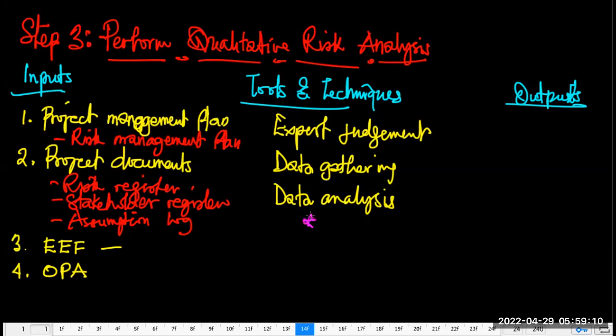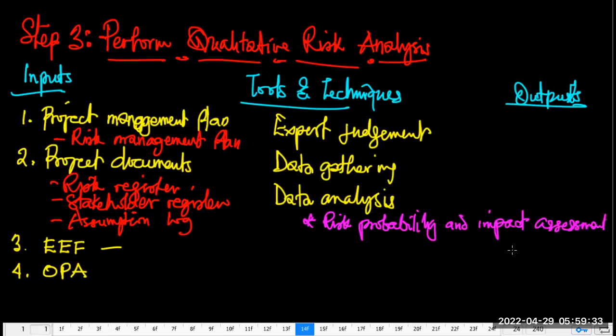Under the data analysis, you probably need the risk probability and impact assessment. So what does this tell us?